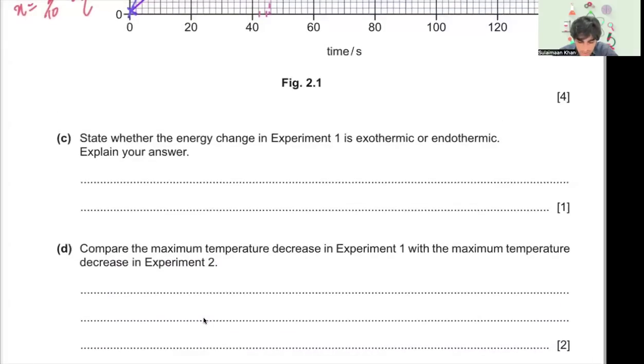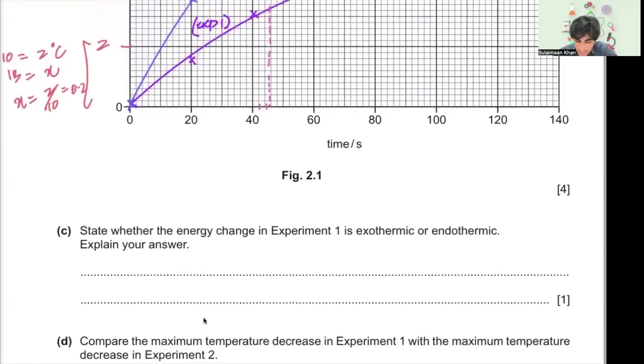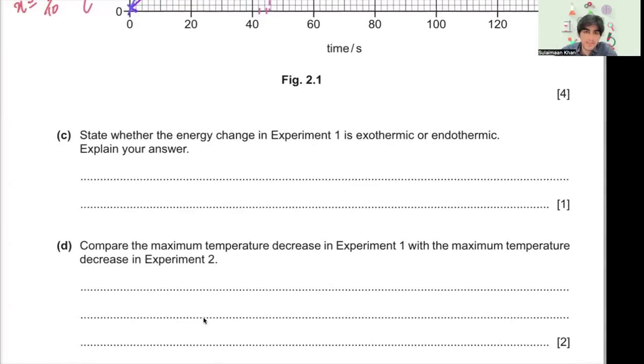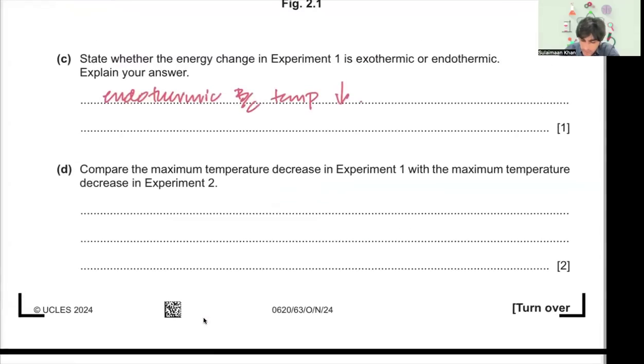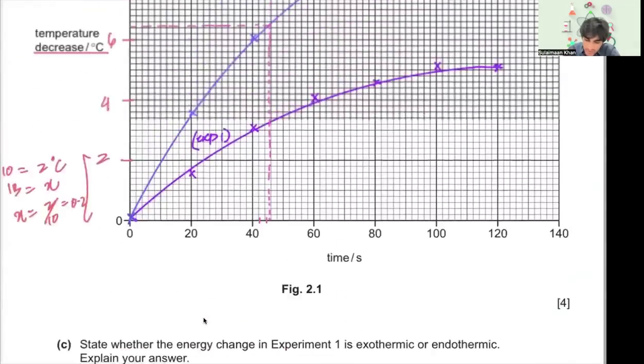Now it's saying state whether the energy change in experiment one is endo or exo, and explain your answer. It's endothermic, because the temperature decreases and everything gets cooler. Then compare the maximum temperature decrease in experiment 1 with that in experiment 2.